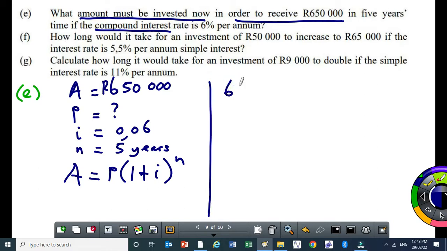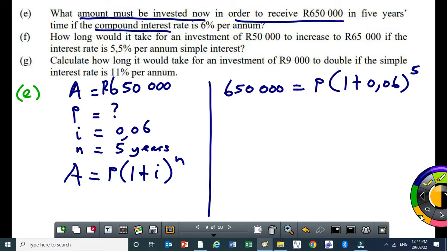Then from here, we substitute. So A is 650,000, which is equal to P times (1 plus 0.06) raised to the power of 5. Now, if you want to calculate P here, I'm sure you can agree with me that you just have to divide both sides by this exponential term.